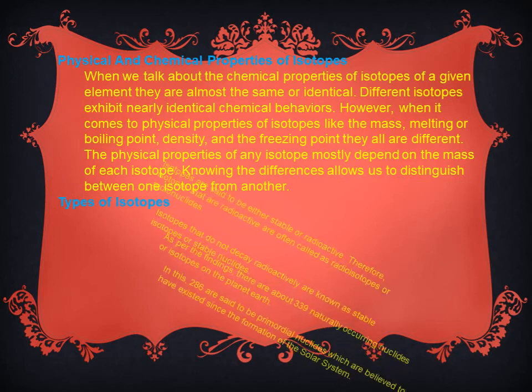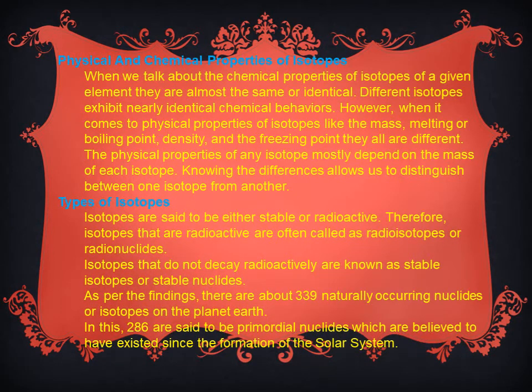Types of isotopes. Isotopes are said to be either stable or radioactive. Isotopes that are radioactive are often called radioisotopes or radionuclides. Isotopes that do not decay radioactively are known as stable isotopes or stable nuclides.